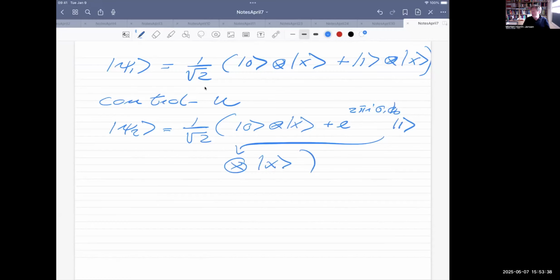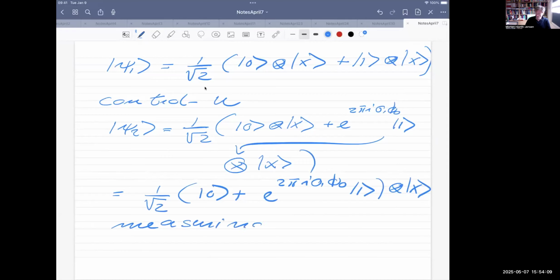And we can actually rewrite this as 1 over square root of 2, and then 0 plus e to the 2 pi i phi 0, multiplied with state 1, and then tensor product with x. So when we measure either the state 0 or 1, that gives us a probability of 1/2.